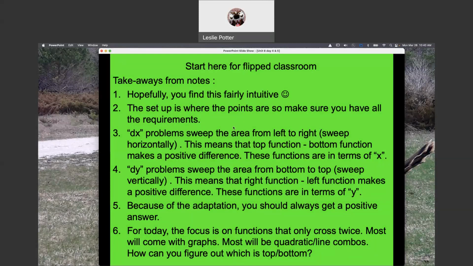So what I mean is, when you are looking at that general expression of the integral from a to b of f of x minus g of x dx, when I say the setup, a lot of times, especially on no calculator ones, they'll say set this up but don't solve it.